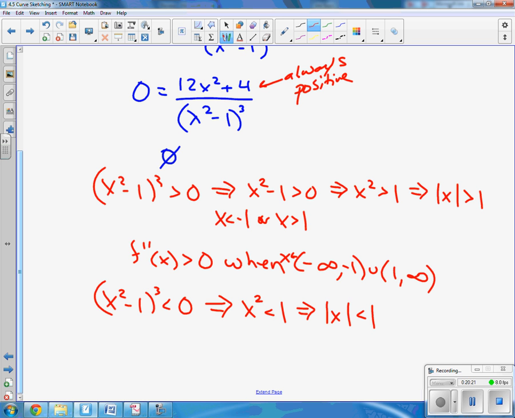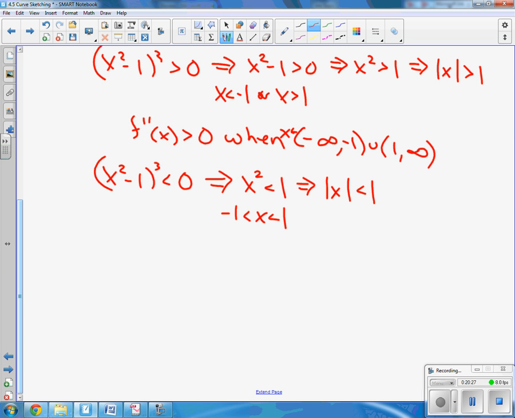So that's telling us that it's got to be between negative 1 and 1. Okay, so the second derivative is going to be less than 0 when x is between negative 1 and 1. Okay, so that's telling us our concavity.